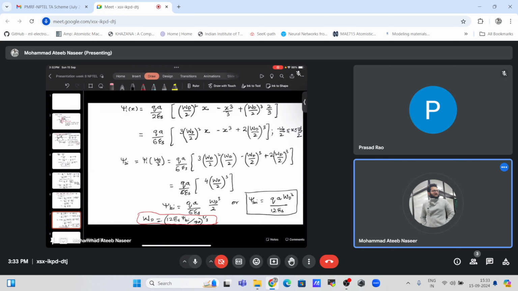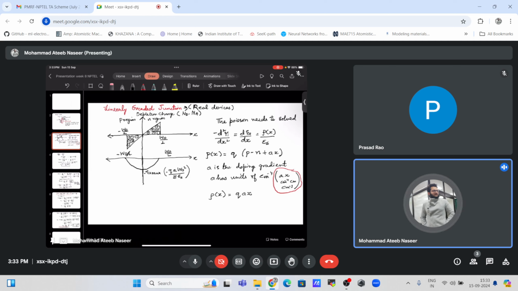What we have considered in this case was that the doping on the n and the p side is the same. That's why I have taken minus WD by 2 on the p side and plus WD by 2 on the n side.